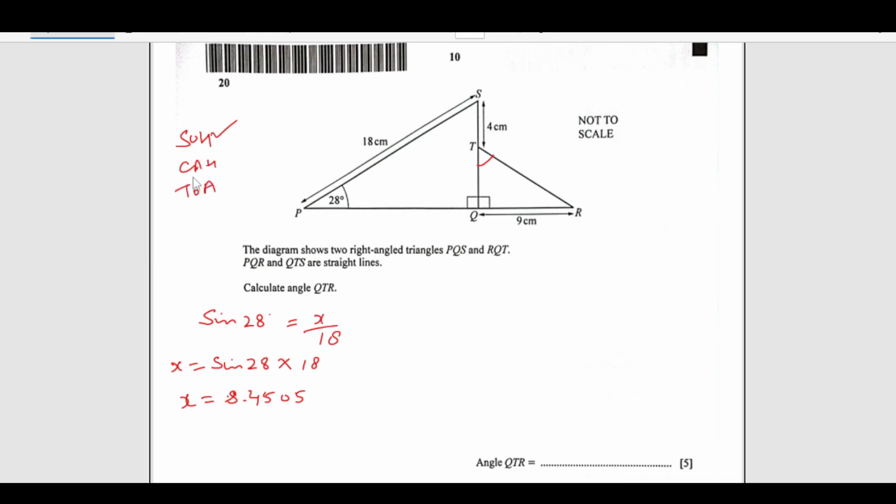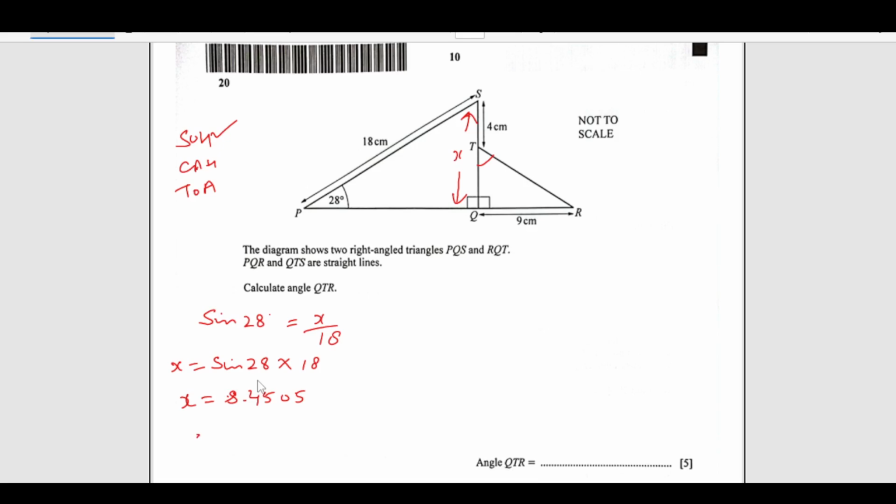Right, we are using this one. So this is the angle, opposite is SQ, and this SQ is x. I've taken this XQ as x. Then we have this x is 8.4505, right? So then we are looking for ST.